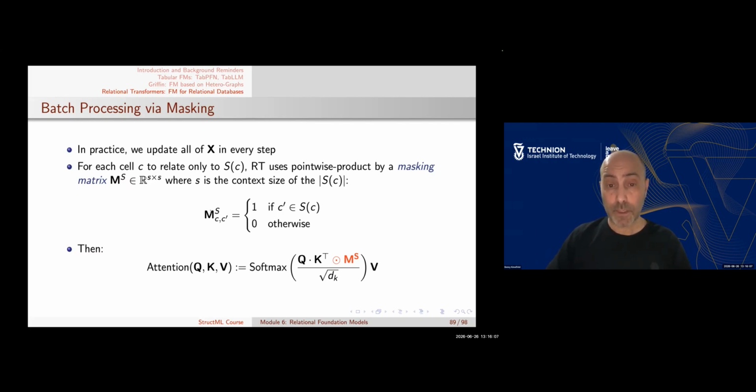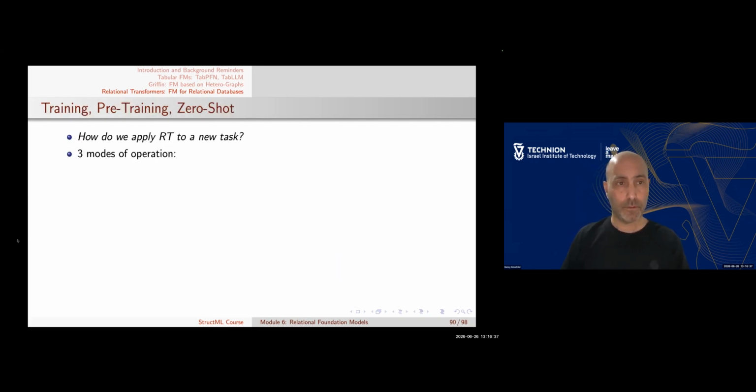A masking matrix means that if we care about this element, then this is 1, and otherwise this is a 0. When we apply our attention, we also have an element-wise multiplication by this mask telling us whether we need the value, that's 1, or we want to eliminate it, that's a 0, multiplication by 0. That's a technical solution.